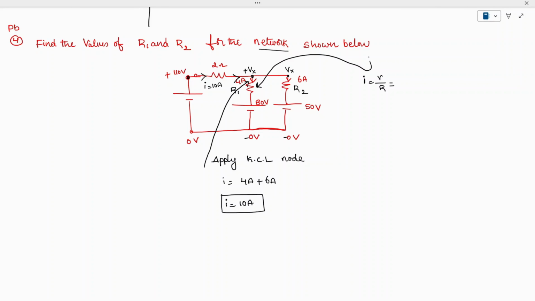So 4 amperes is equal to, the current is flowing, the leaving terminal is plus Vx, and the leaving polarity is minus 80, divided by R. The R value is R1. So I can write R1 is equal to (Vx minus 80) by 4.